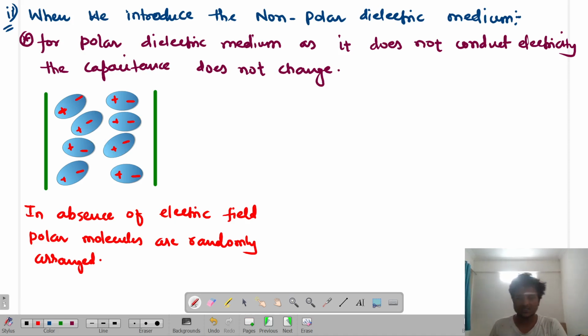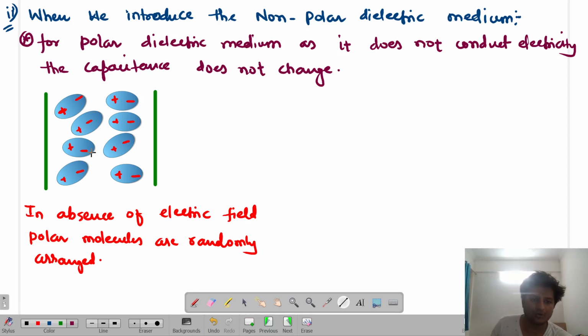Are you able to get me or not? Because we are just considering the shape of a particular kind of particles. Is that clear? We are just considering non-polar with a little bit of polarity, because the polar dielectric, as usual, will always be fixed and will not conduct any electricity.